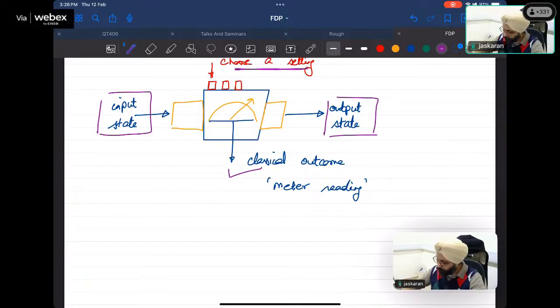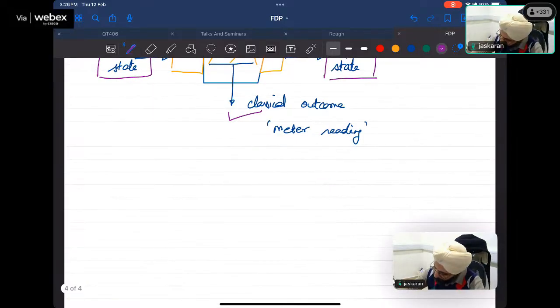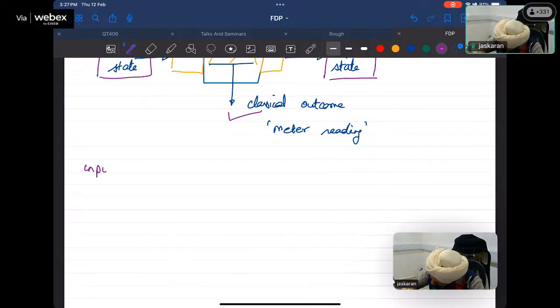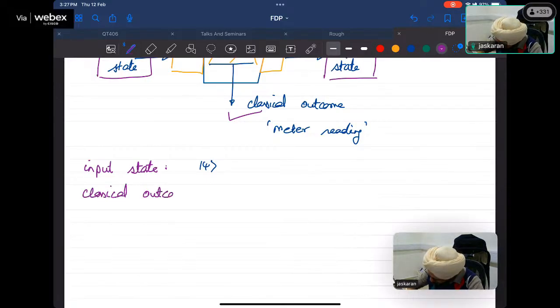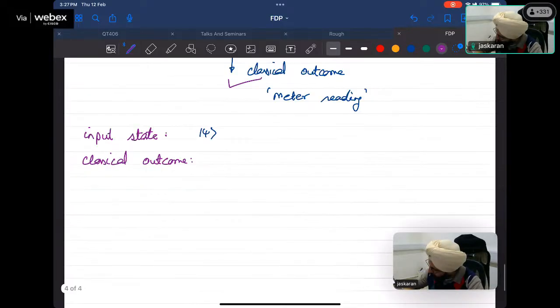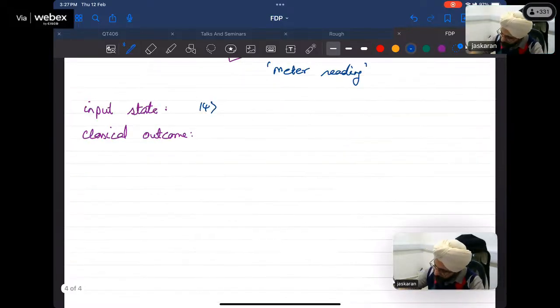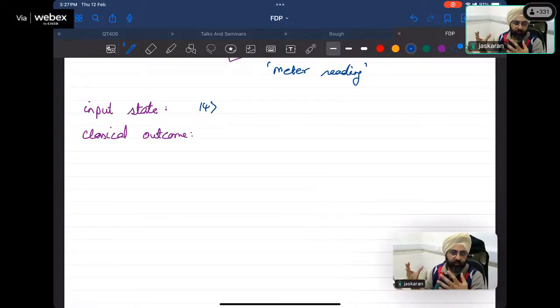So here the input state that we have is generally taken to be a quantum state ket psi, upon which we will be implementing the measurement. And the classical outcome is an outcome which tells me along which projection I have now implemented the measurement.